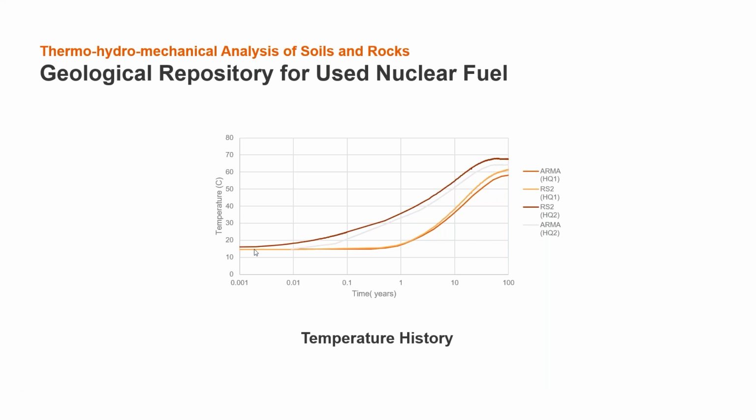The temperatures at the center points rise immediately when the fuel cells are placed. It took almost 3 months for the edge points to start raising the temperatures. And after 100 years, the temperature at the center point is below 70 degrees, well below the requirement of 100 degrees.